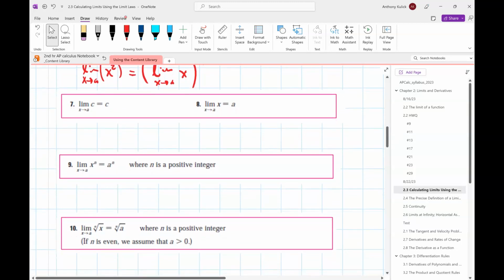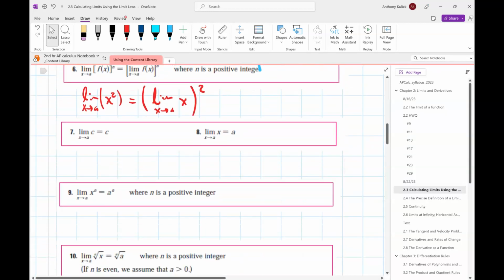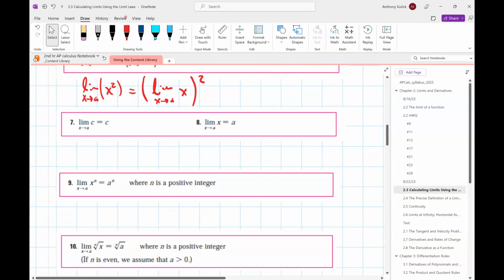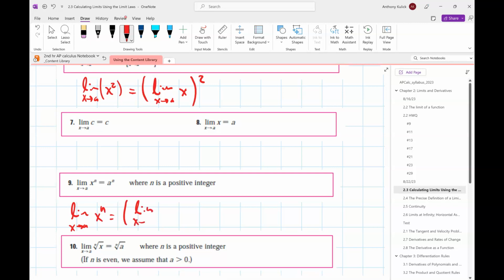So if I combine properties 8 and 6, I can get to property 9. Let's just fill that in. We can do this using property 6 and then using property 8.